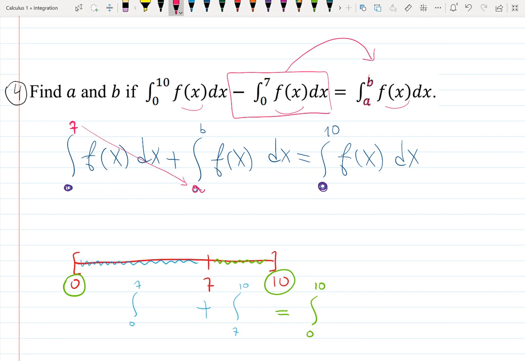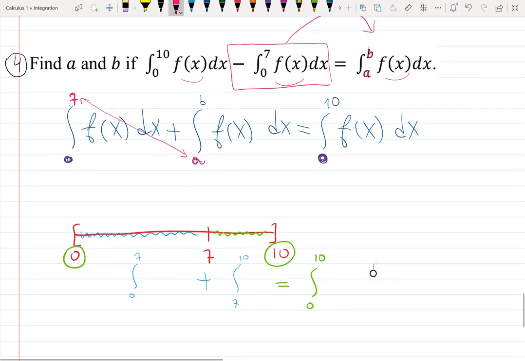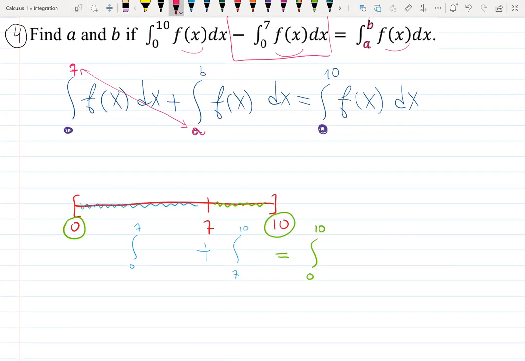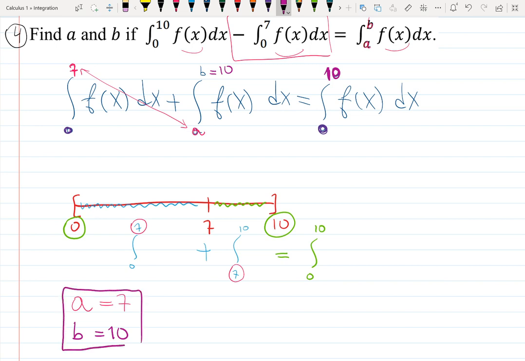Then this a should be the same in order to glue those two integrals. From 0 to 7, from 7 to b, just like I did here, right? From 0 to 7 plus 7 to b. So now I know that a should be 7. And then, since the ending point is 10, and we started from 0, b should be 10. And this is how we found both.